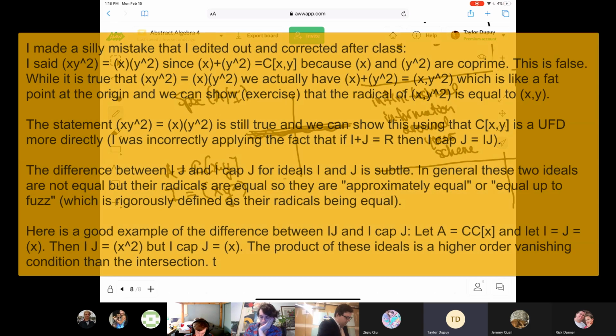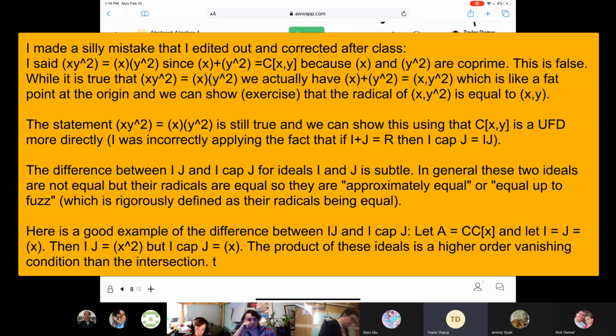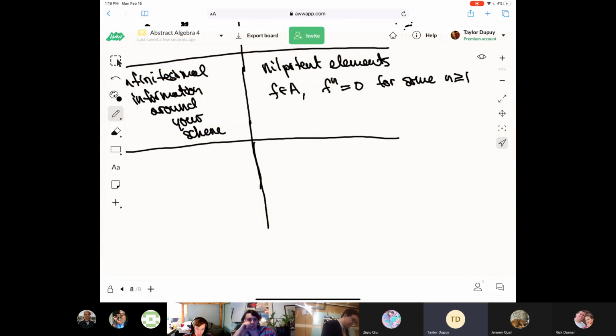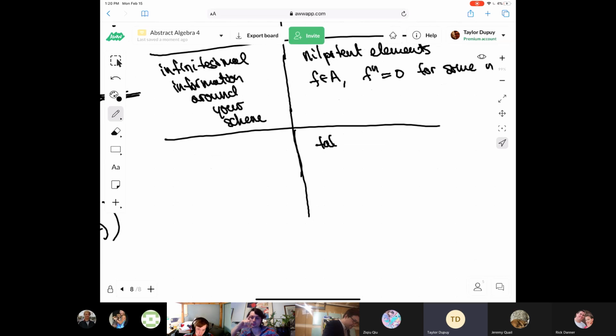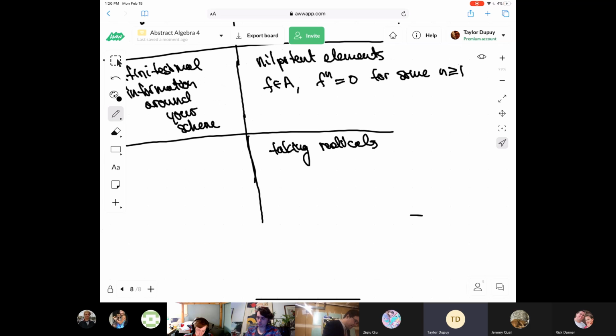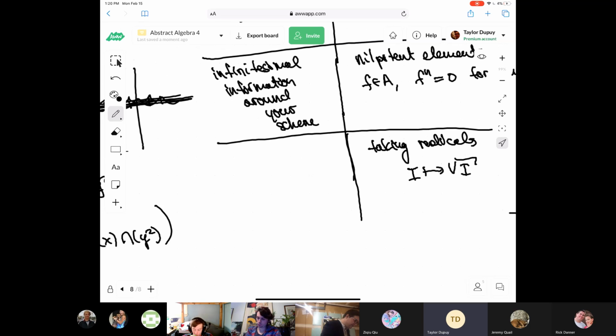So then there was killing the infinitesimal information, which was taking radicals, right? So I goes to the radical of I. This is killing infinitesimal information.